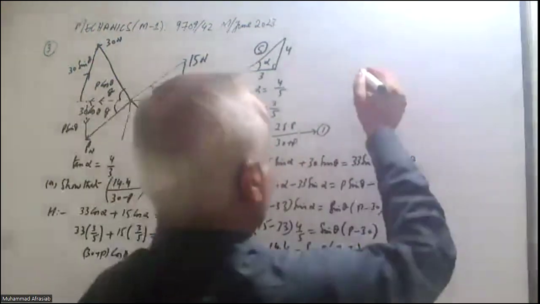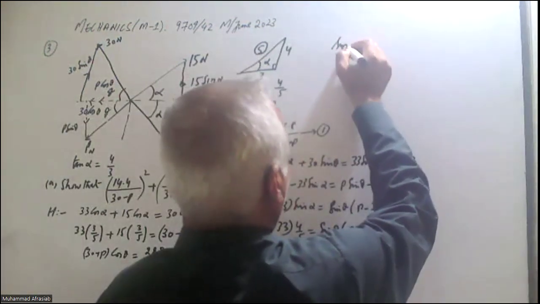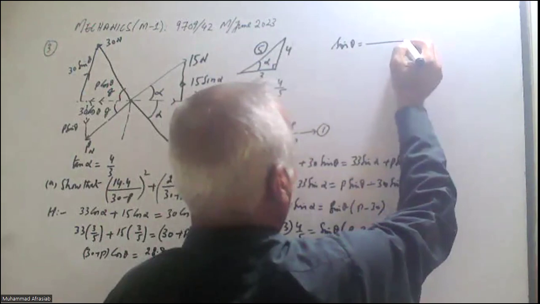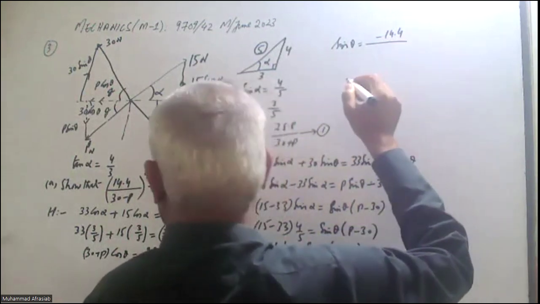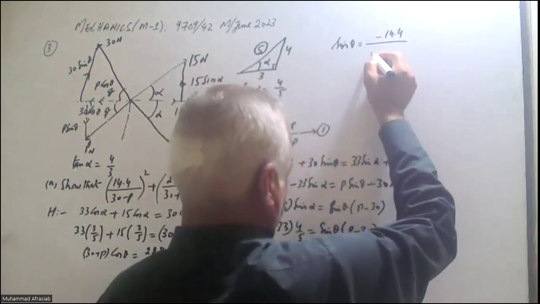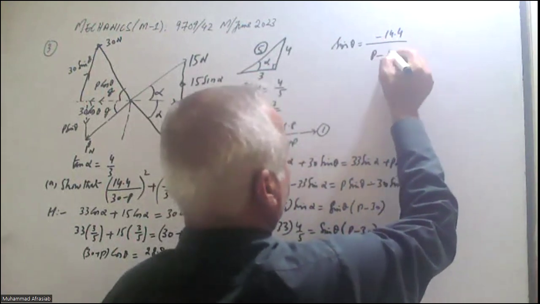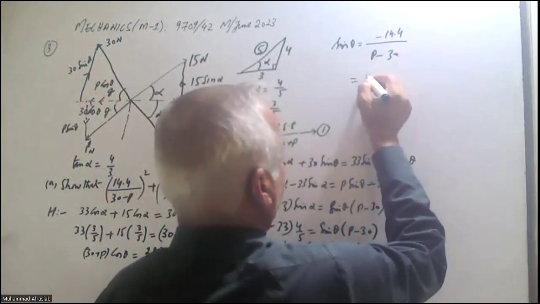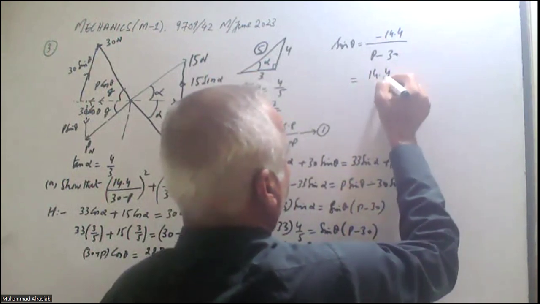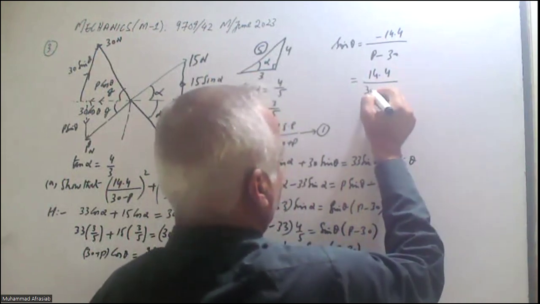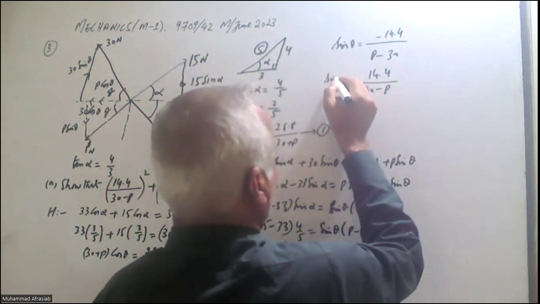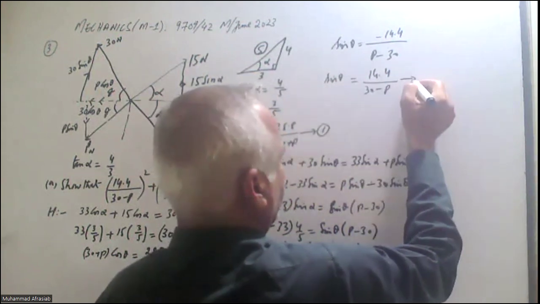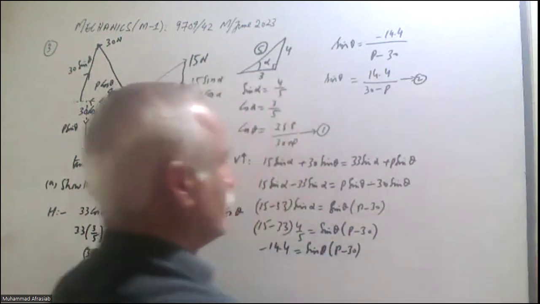We can write this as sine of theta is equal to minus 14.4 over P minus 30, or you can write this as 14.4 over 30 minus P is equal to sine theta. Let's say that is equation number 2.